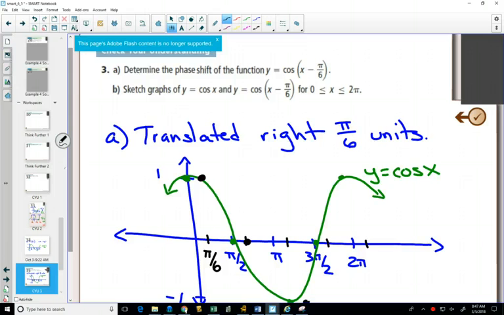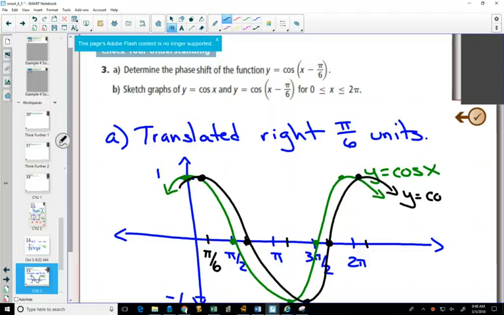This point shifts over π/6. And so every point shifts π/6 to the right. And now that black graph is y equals cos(x − π/6).